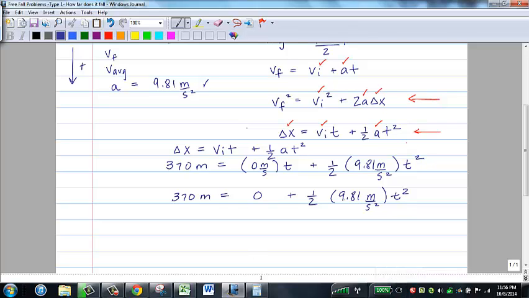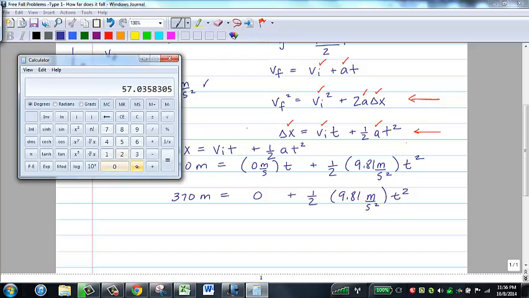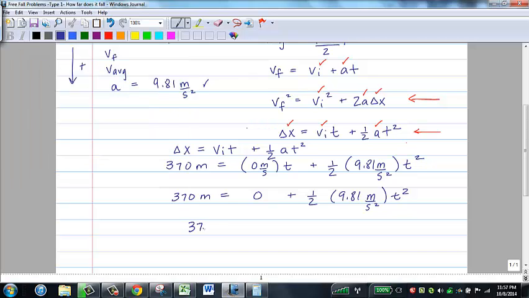And I'm also going to take 1/2 of 9.81 at this stage. So 0.5 times 9.81 is equal to 4.905. So I'll simplify one more time. 370 meters equals 4.905 meters per second squared times t squared.